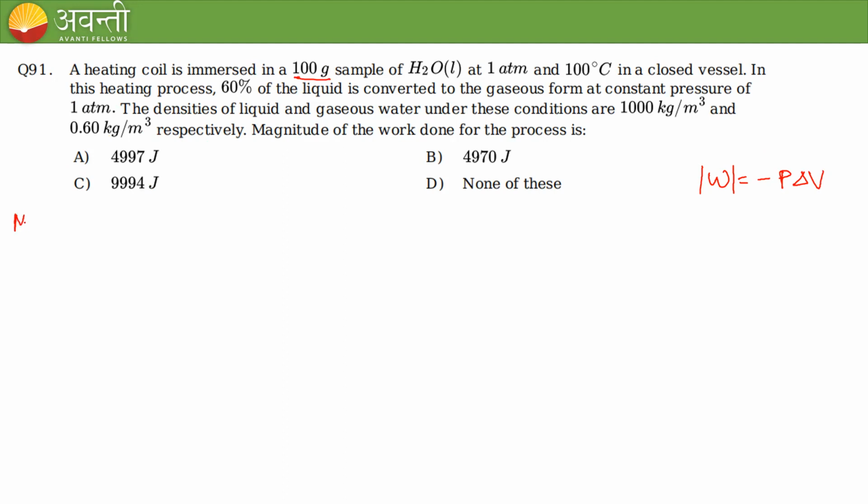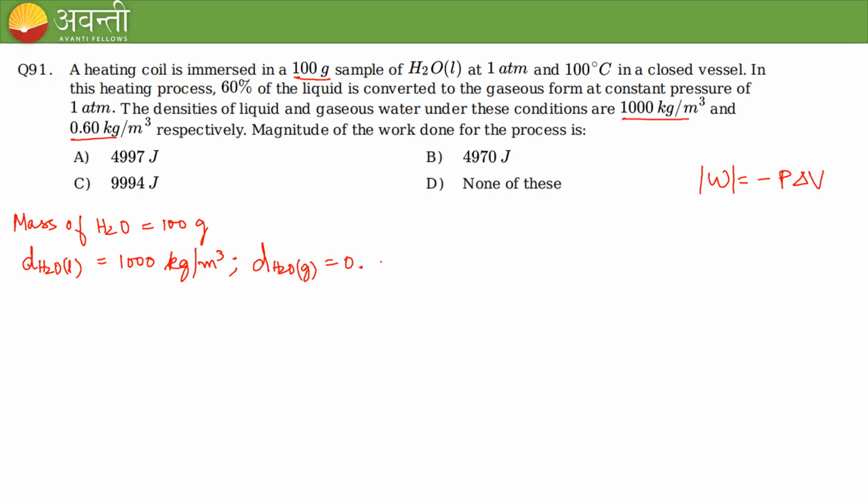The densities of water in the liquid and gaseous states are given as 1000 and 0.60. So the density of water in the liquid state is equal to 1000 kilogram per meter cube, and the density of water in the gaseous phase is equal to 0.60 kilogram per meter cube.